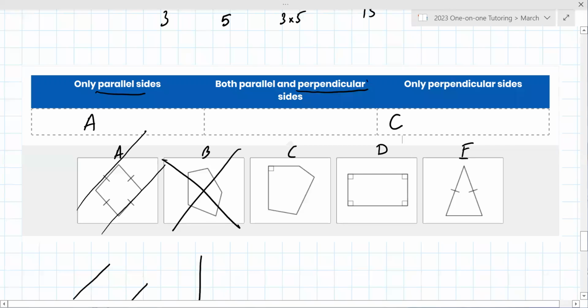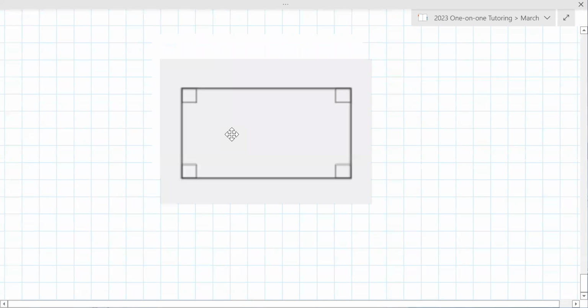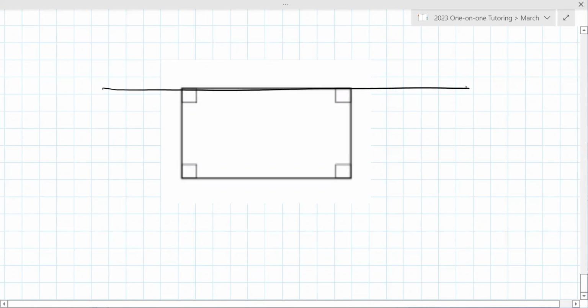All right, let's look at letter D. I'm gonna snip that in. Okay, here we go. Does this have any parallel sides? Are these parallel? Why are they parallel?